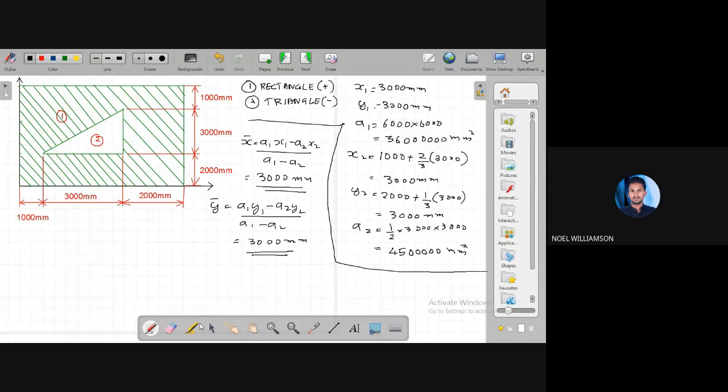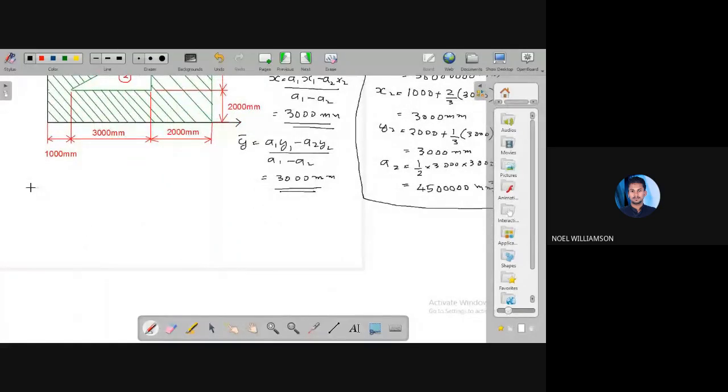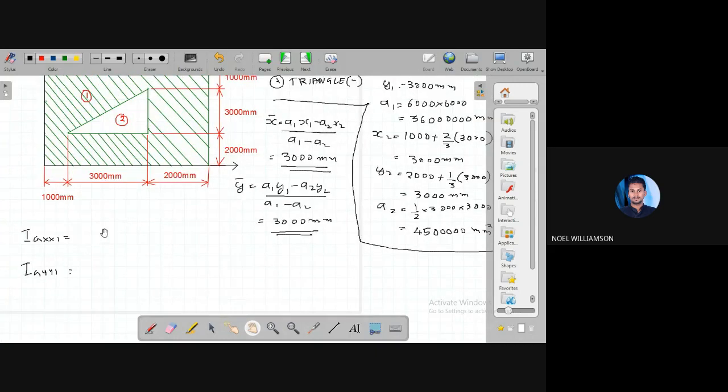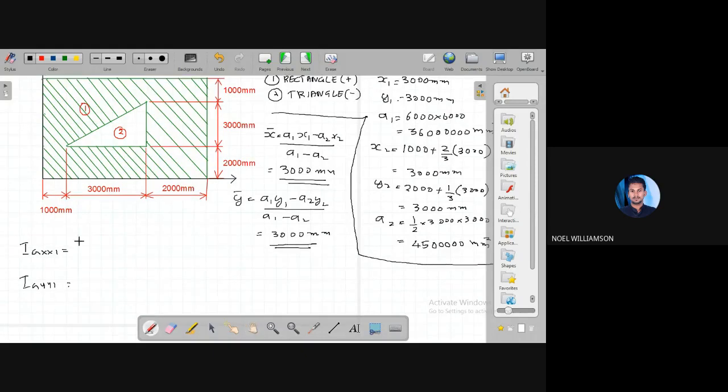Now the next step, we are having two sections. So IGXX1 equal to, and IGYY1 equal to. For the section 1 is a rectangle, so it is BD cube by 12, and here IGXX1, both the sides are 6000, so it is 6000 into 6000 cube by 12, and by y also 6000 into 6000 cube by 12.